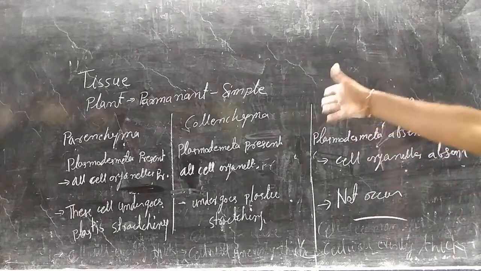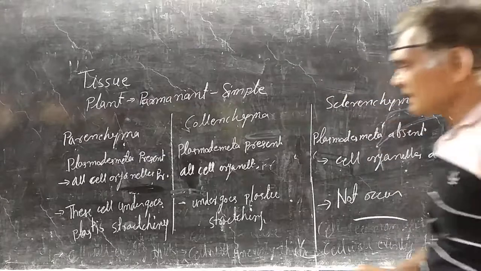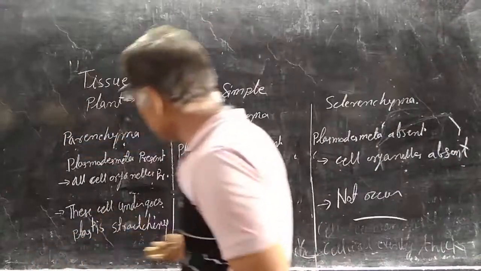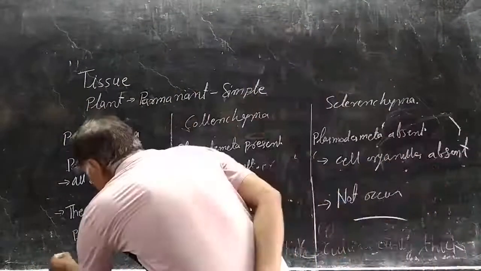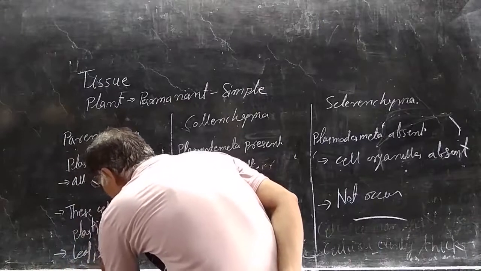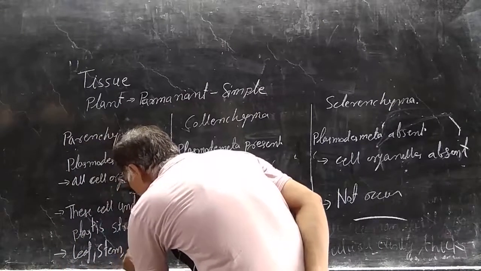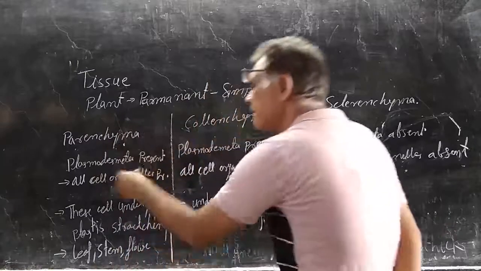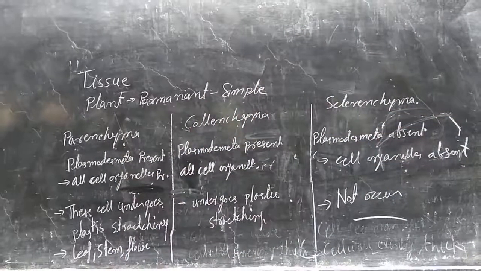Where are these cells present? Normally parenchyma is present in the leaf, stem, flower, and all parts of the plants.